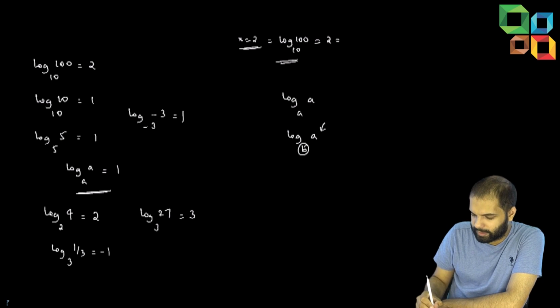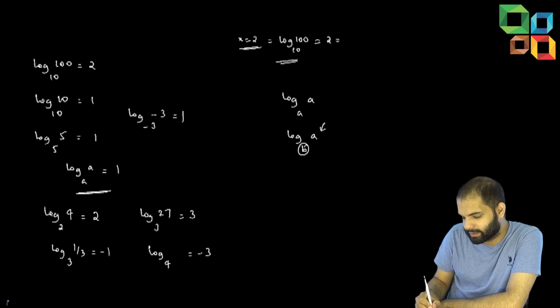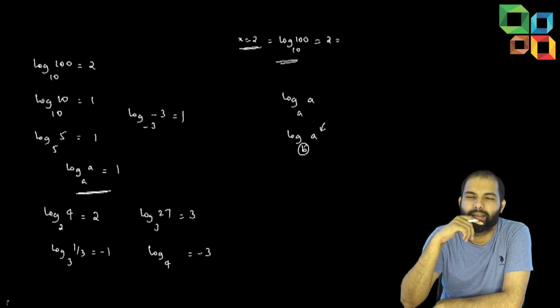Fine. So now one more question. If my base is say 4, I want my answer to be -3. Can anybody tell me what the argument should be? I want my answer to be -3.